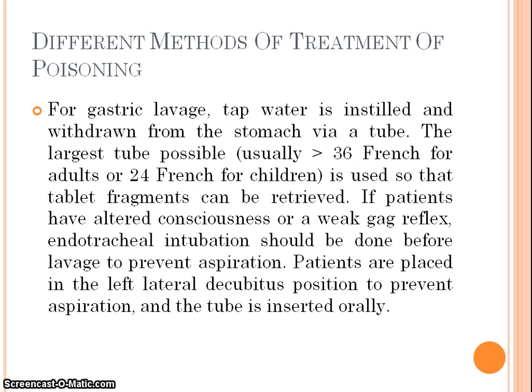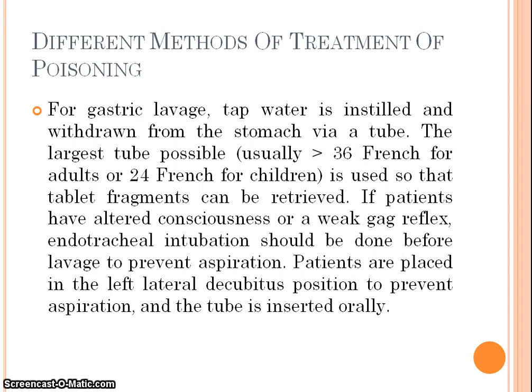For gastric lavage, tap water is instilled and withdrawn from the stomach via a tube. The largest tube possible is used, usually more than 36 French for adults and 24 French for children. French, the unit used for measuring the diameter, is used so that tablet fragments can be retrieved. If patients have altered consciousness or a weak gag reflex, endotracheal intubation should be done before lavage to prevent aspiration.